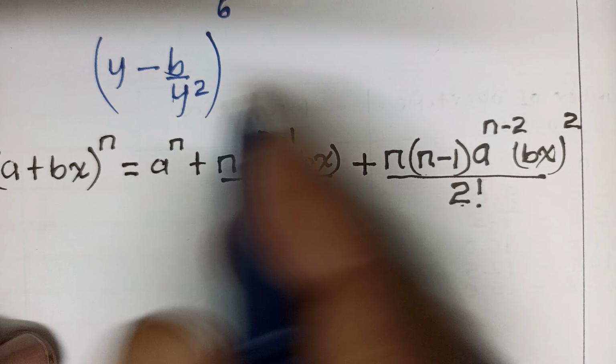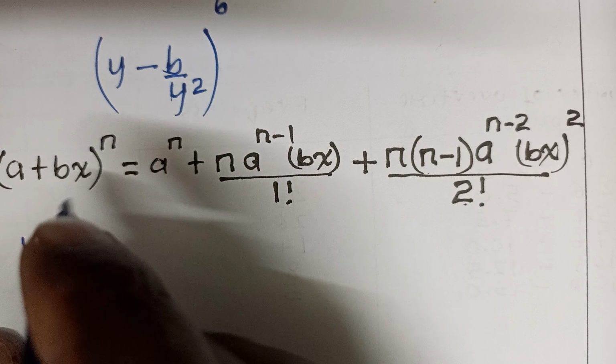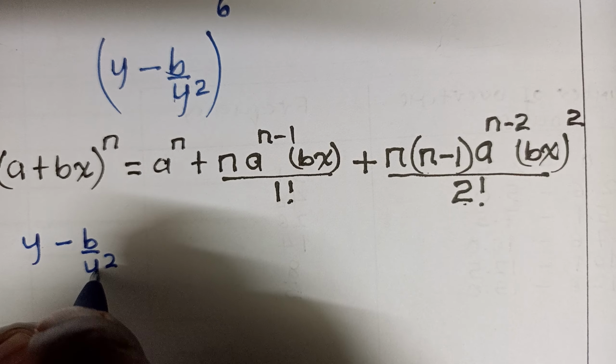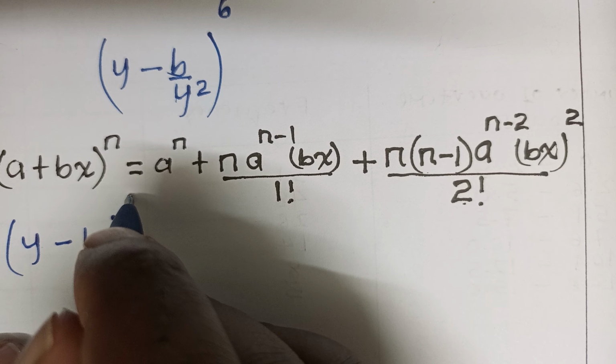So we use the same format. We shall write (y minus b over y squared) raised to 6.